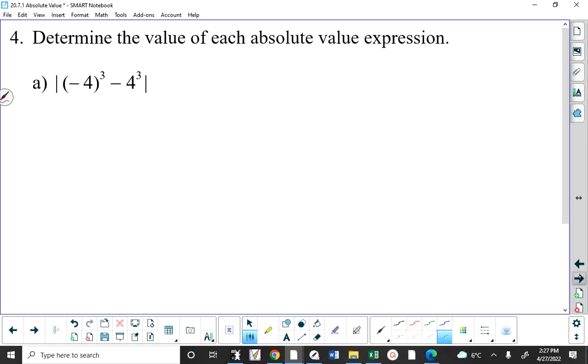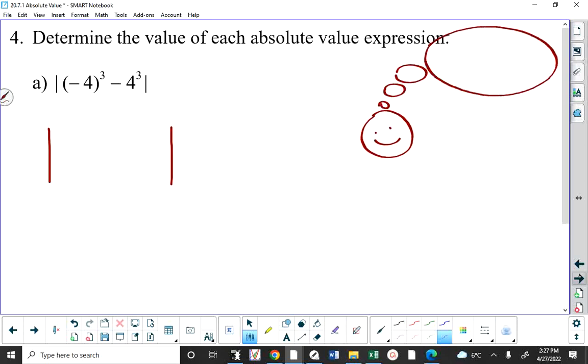They just get progressively more difficult. I would like everybody to figure out what the inside of this simplifies to, please. So I would like you to figure out what -4 in brackets cubed minus 4 cubed is.